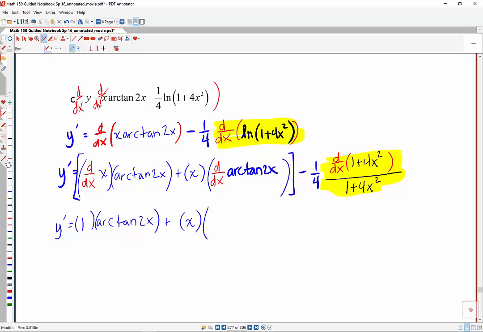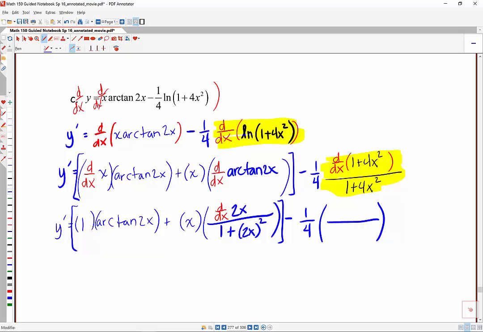So d dx of 2x over, if you remember, that's going to be 1 plus what's inside squared. There's no square root on that one. Now, continuing with this guy, so that's working with that derivative. Continuing with this guy, we're going to have 1/4 times 8x over quantity 1 plus 4x squared.